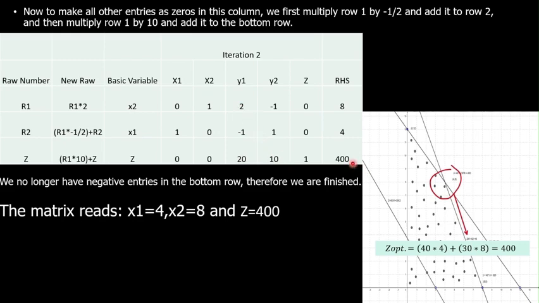So Z equals 400 plus 0 plus 0 equals 400. There are no negative coefficients in the row of Z, meaning there is no variable in the equation of Z that can be increased to add value to the 400 for Z. So this is the optimal solution. We can stop here.